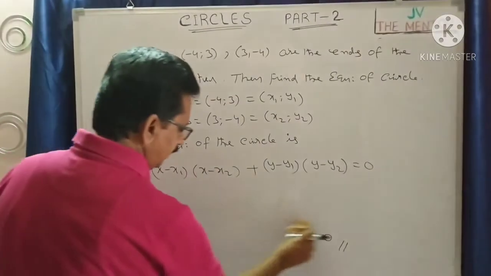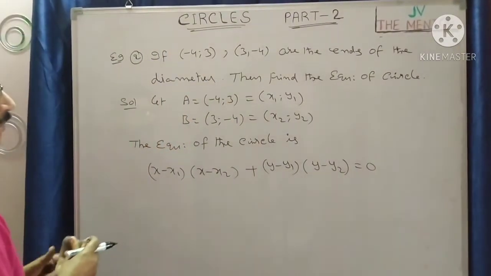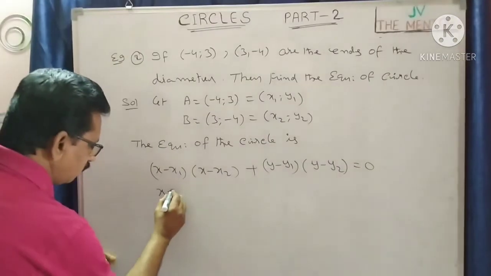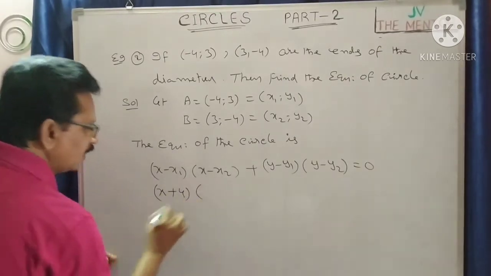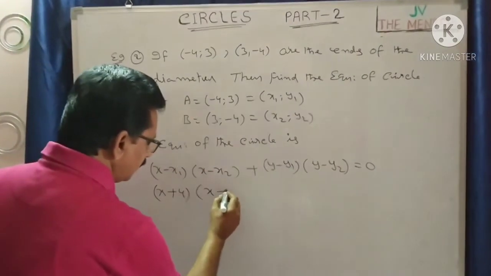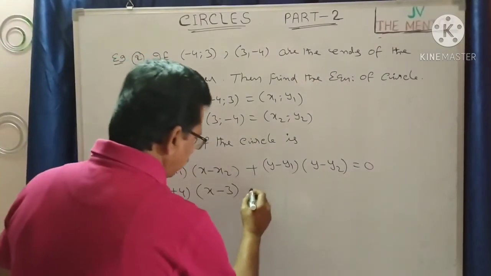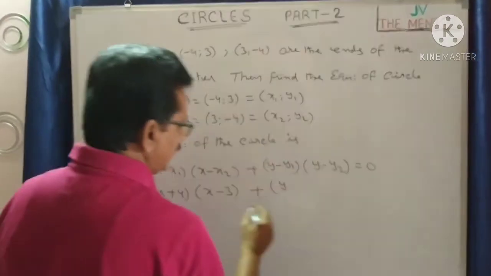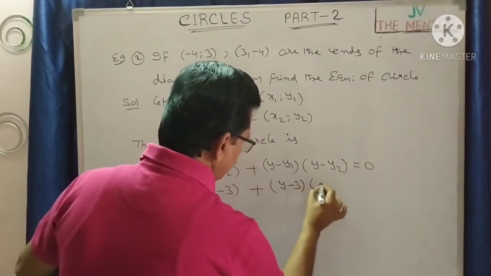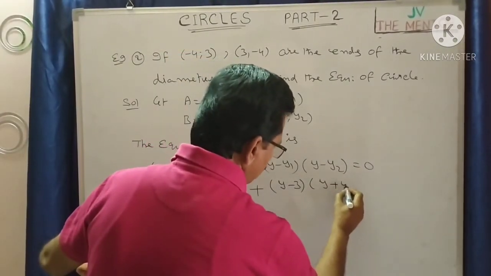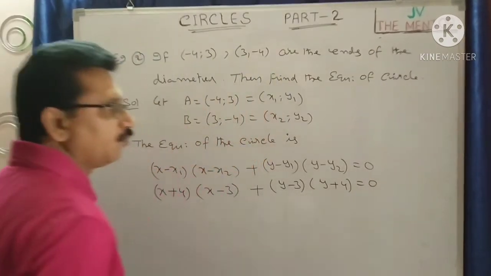Use the same formula and substitute the values of x1, y1, x2, y2. x minus x1, here x1 is minus 4, so x minus of minus 4, plus 4. x minus x2, here x2 is 3, so x minus 3, plus y minus y1, here y1 is 3, y minus 3. y minus y2 is minus 4 minus of minus 4, plus 4, equal to 0.